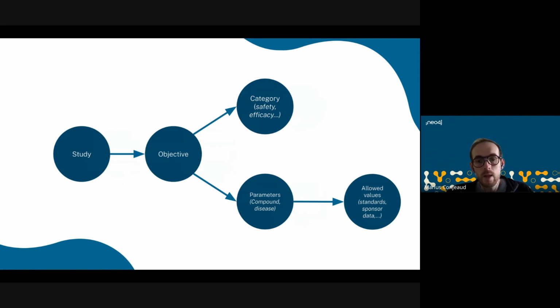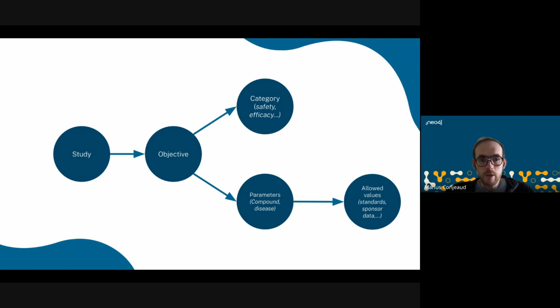And these allowed values can come from standards like CDISC, or it can be sponsor data. So for example, compounds owned by your company, or specific activities that you lead inside of your medical therapeutic area. For example, measuring the level of glucose in the blood.